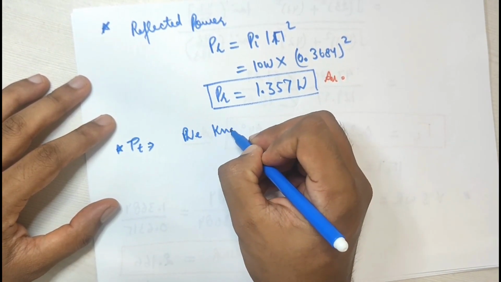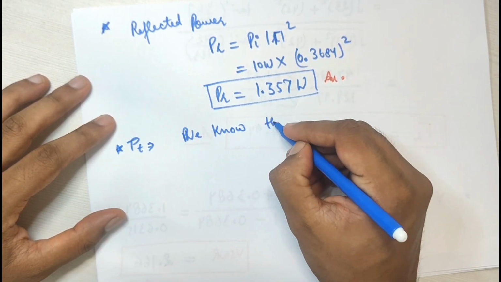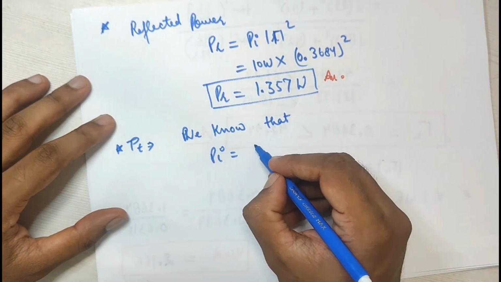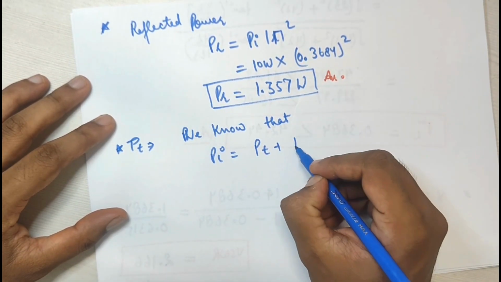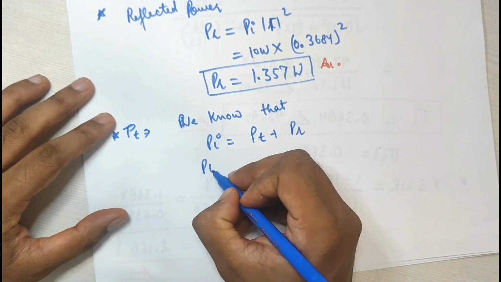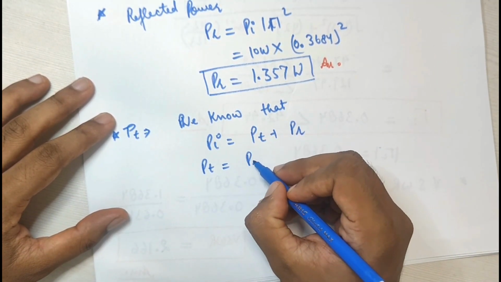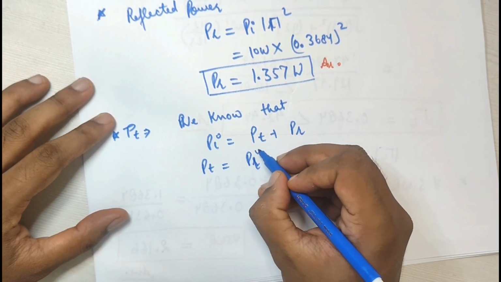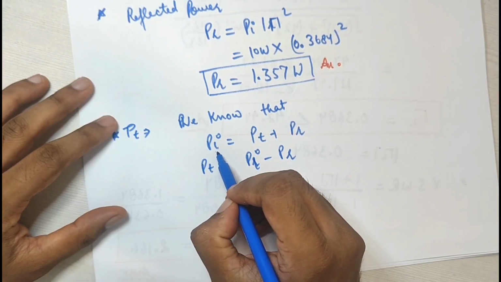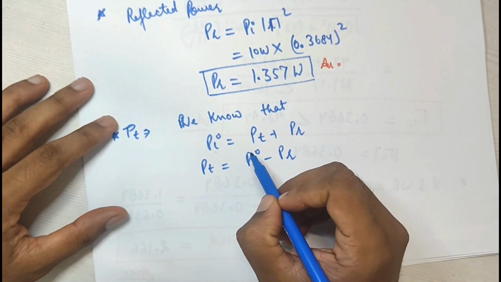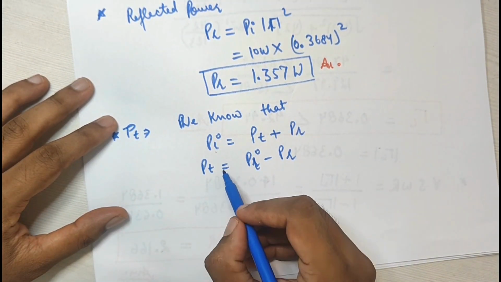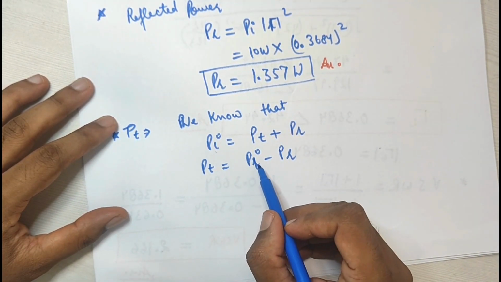We know that whatever the incident power is, it is nothing but the transmitted power plus the reflected power. So PT can be written as PI minus PR.